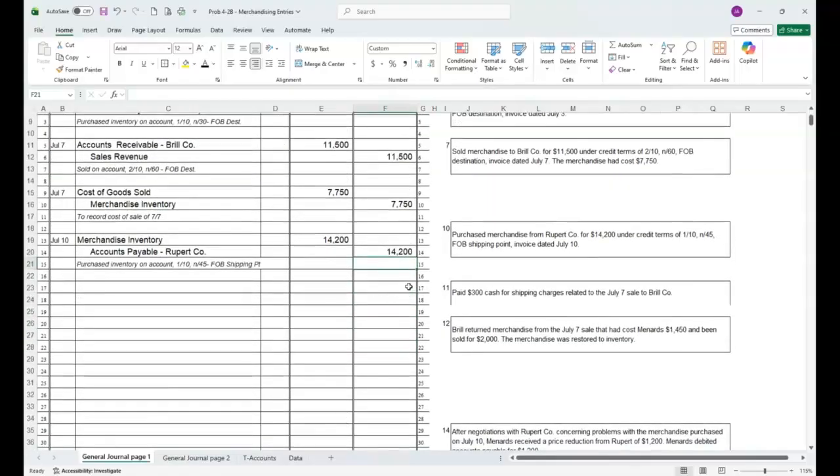We paid $300 for shipping charges related to this sale to Brill Company. Remember, it was FOB destination. So that means we owned it while it was in shipment. So we're going to charge that to delivery expense or freight out or freight expense.